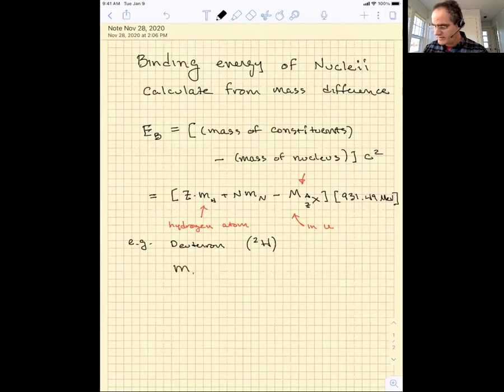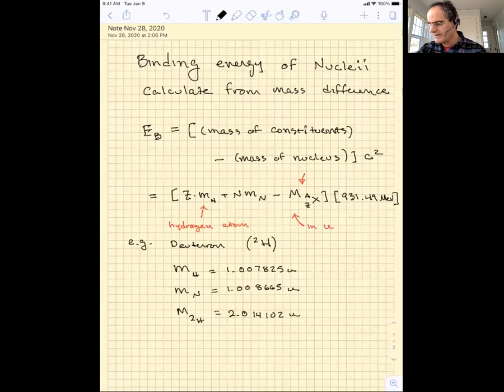The mass of the hydrogen atom is 1.007825 times U. The mass of a neutron is 1.008665 times U. And finally, the mass of a deuterium atom is 2.014102 U. I need to include all of the significant figures that I can get for these masses because the differences between the masses are so small that a lot depends on the least significant figures.